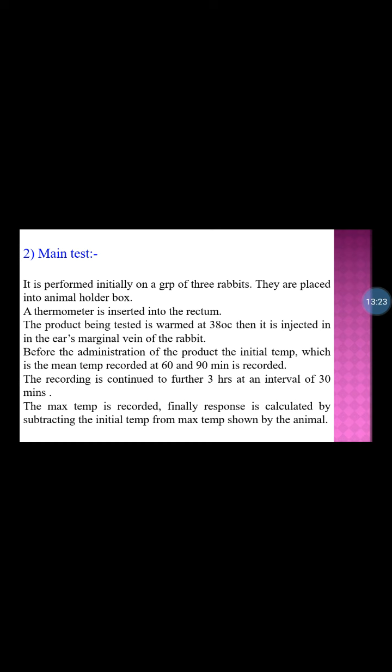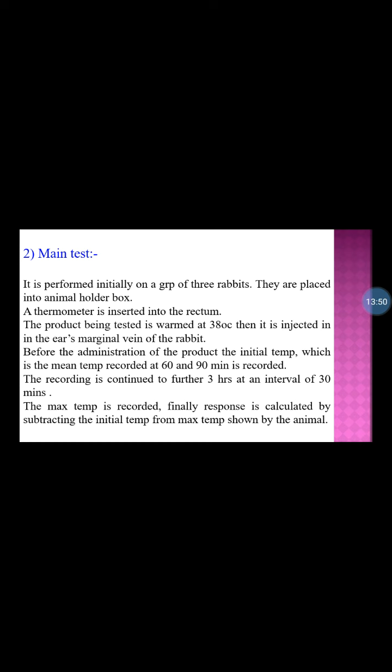In the interpretation of results, if the sum of responses of a group of 3 rabbits does not exceed 1.4 degrees Celsius, and if the response of each individual rabbit is less than 0.6 degrees Celsius, the preparation being examined passes the test.